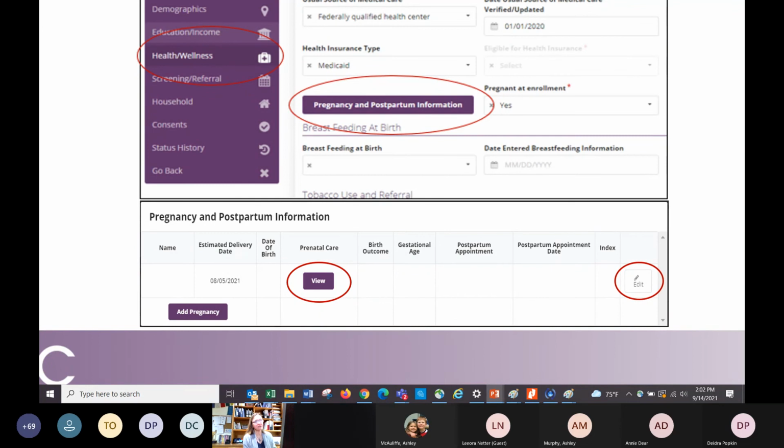So if you had an upcoming due date in the future and you've been filling out your prenatal cares, if there was a loss, you would enter under birth outcome that it was a miscarriage, fetal death, or abortion. So there's a place to put it.